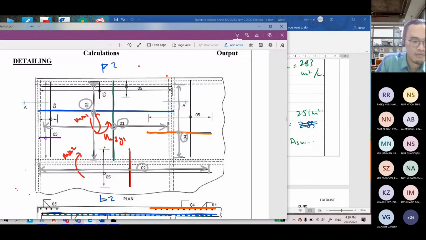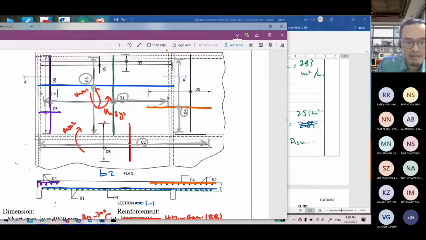So this is the reinforcement here, and then the transverse one here. Here also, secondary bar, because the bending moment is 0 there. Bending moment is 0, but we have to provide minimum As as secondary bar. So this is okay for secondary bar. Okay, 0.5. So this one is 0.5 along this one.